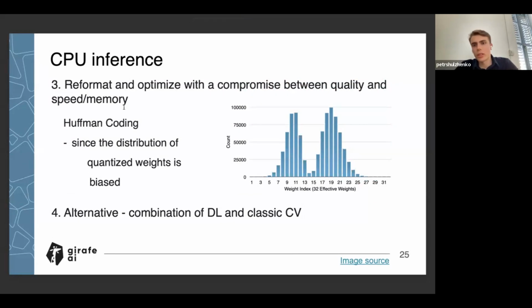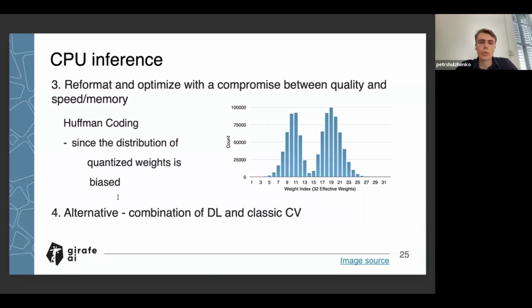Also, there are rather theoretical things like Huffman coding of your weights indexes, because the distributions are biased, but they're more theoretical things or performed by default.